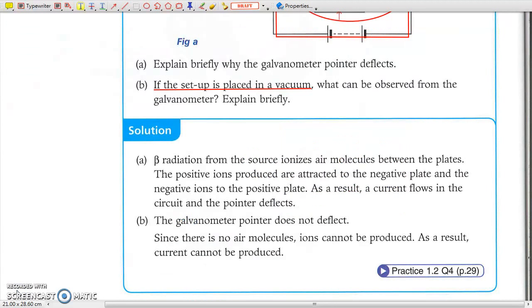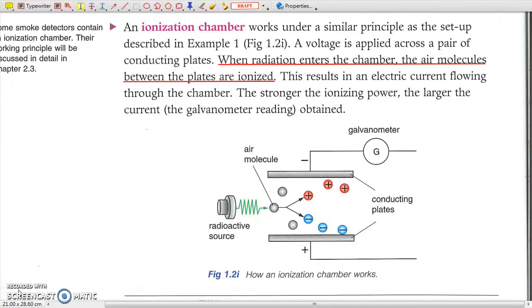Nevertheless, there will be no current produced in vacuum because there is no air in vacuum to be ionized. An ionization chamber has a similar design as the setup in example 1. A source with a stronger ionizing power will produce a larger discharge current.